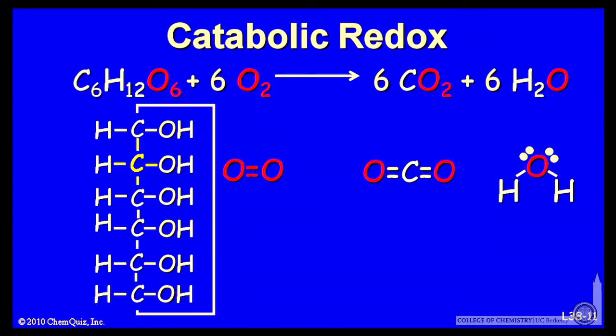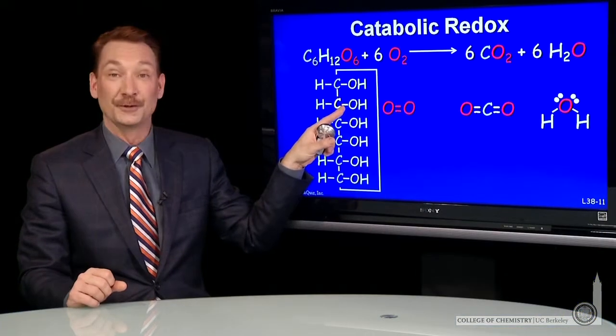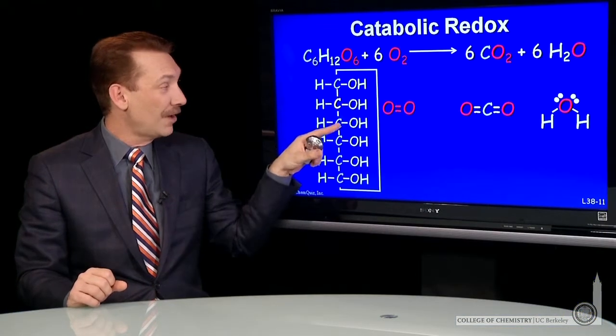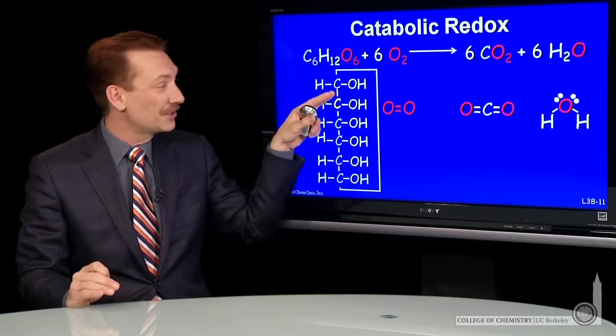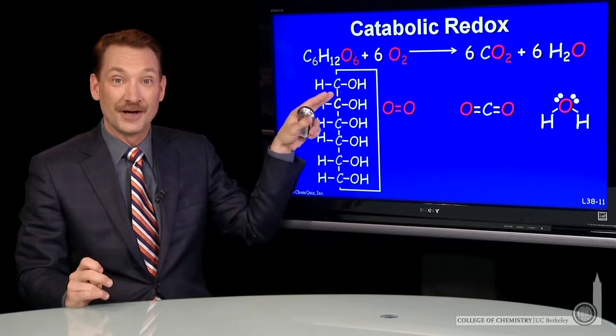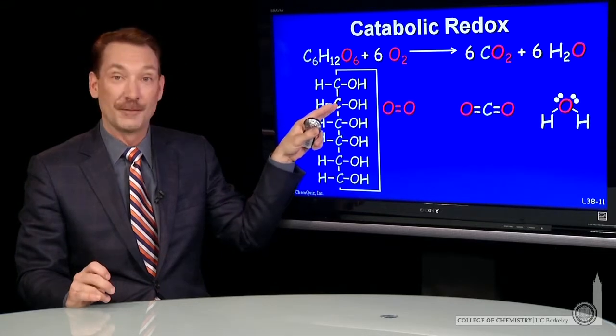Here's a carbon in the glucose. This carbon, to determine the oxidation number, I assign the electrons to the more electronegative element. So oxygen gets these two. Carbon and carbon here, that's the same element, so I'll share these electrons and assign one to this carbon.